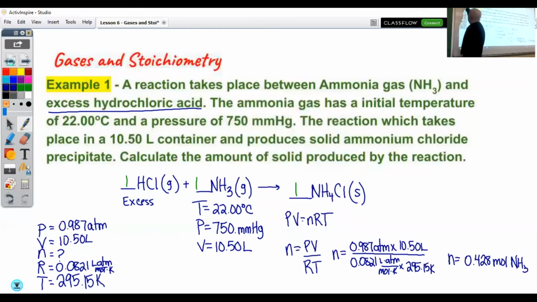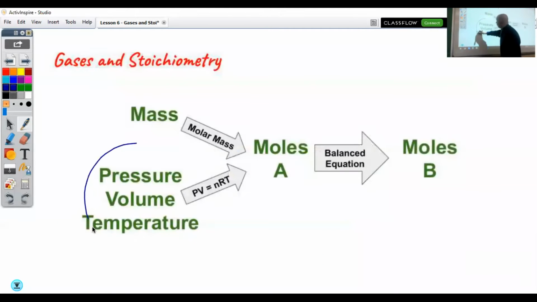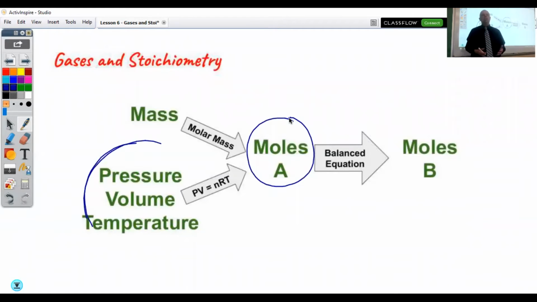Instead, what this did was get us from our pressure, volume, and temperature that we had here up to our number of moles here. So now we're ready to move across from moles of A, which is moles of ammonia, into moles of ammonium chloride.